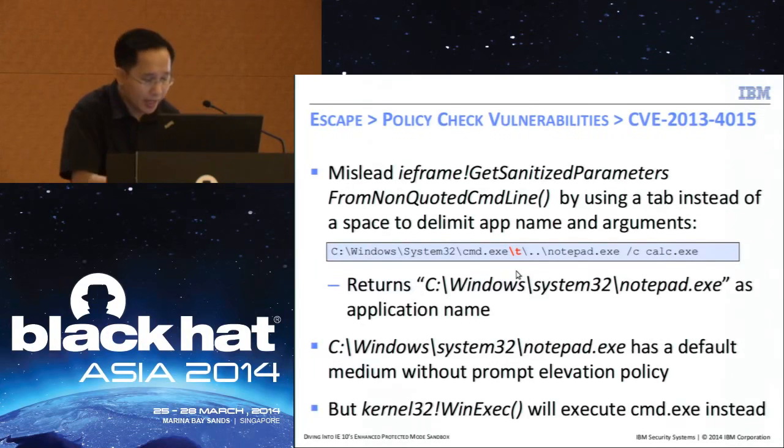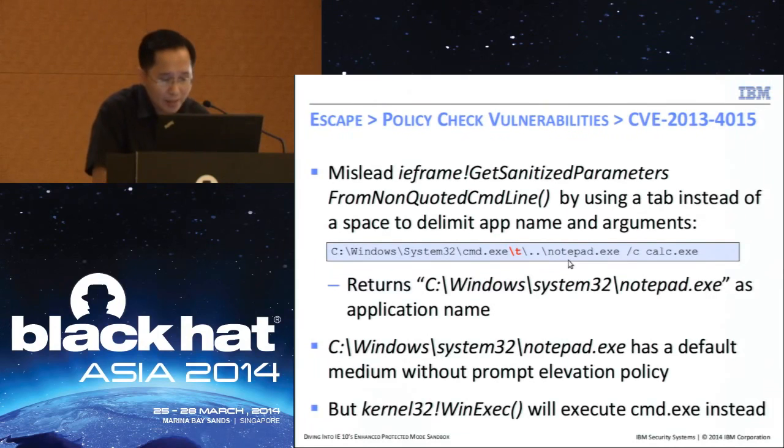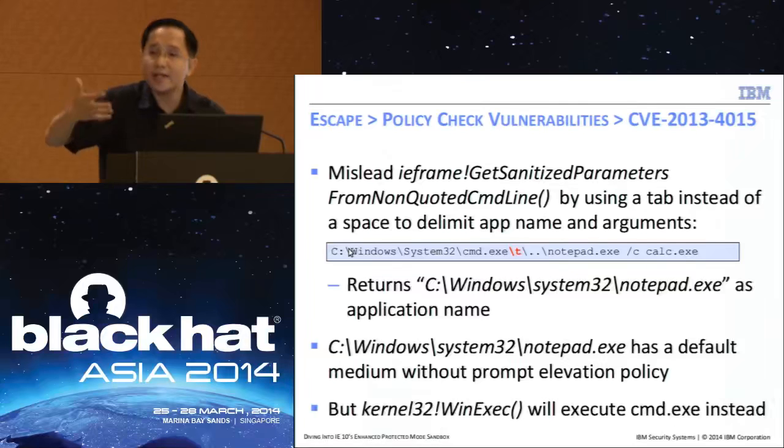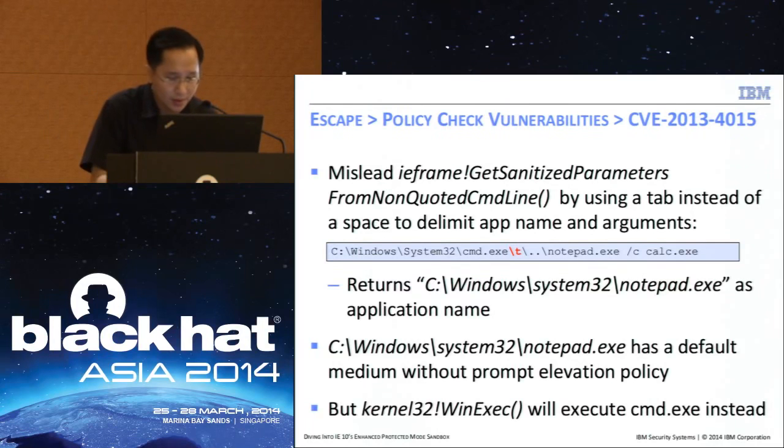So in this particular case, the broker will think that I will be executing Notepad. But when the broker passes this to WinExec, WinExec will execute cmd.exe instead. So you can just imagine what a simple tab character can do. So this is the bug that I will use in my sandbox escape demonstration later.